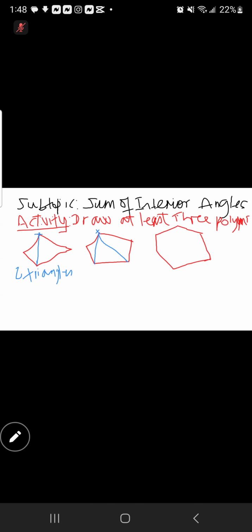You should be able to put in two lines, and if you put in two lines, you would have divided your pentagon into three triangles. Getting it? Yes, Miss. All right, so for this one, three triangles.